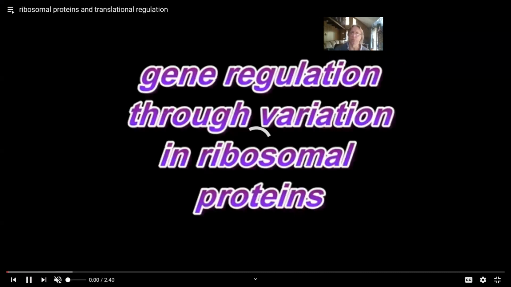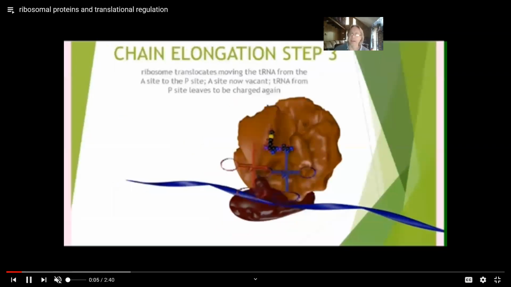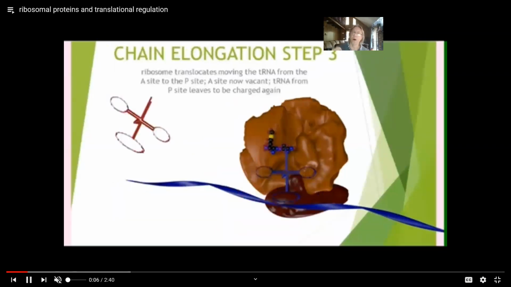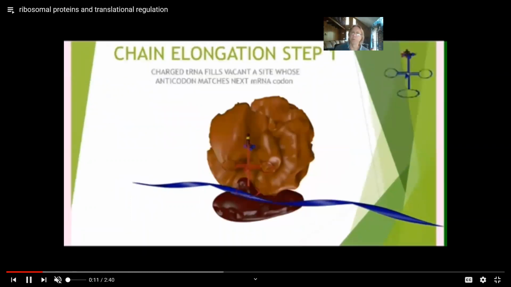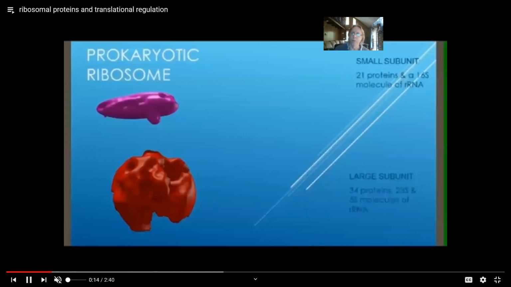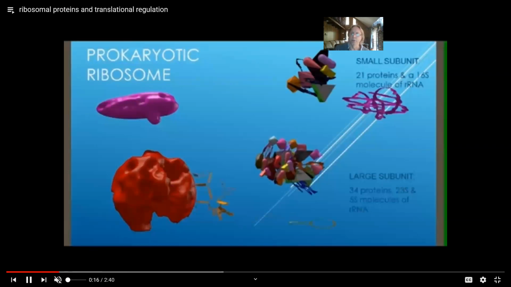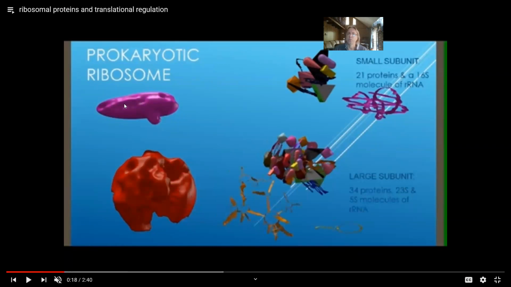One of the fairly new changes in our understanding of the ribosome is that all of those little proteins in the ribosome, the ribosomal proteins, they can vary. So while it's the rRNA which is actually performing the enzymatic reaction where those amino acids are joined, we know that there's more to a ribosome than the rRNA.